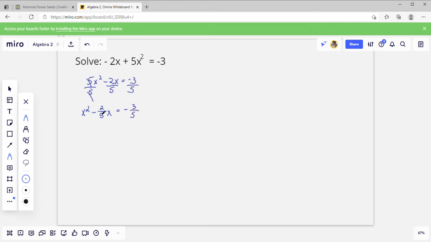Now I'm going to take my x term and multiply it by 1/2. So negative 2/5 times 1/2 equals negative 1/5. Then I'm going to square that, 1/25. So I'm going to add 1 over 25 on both sides.